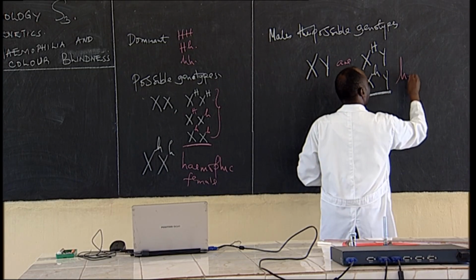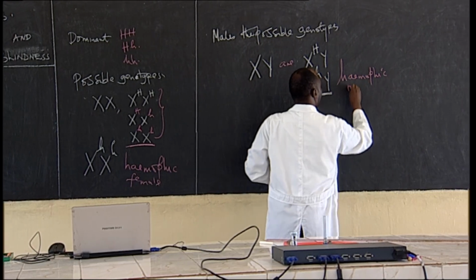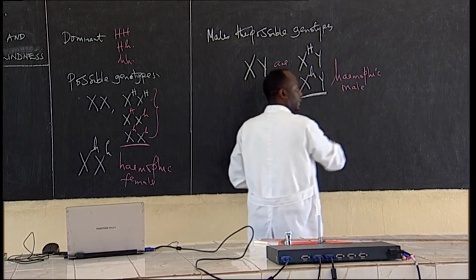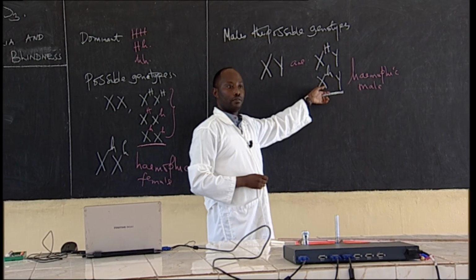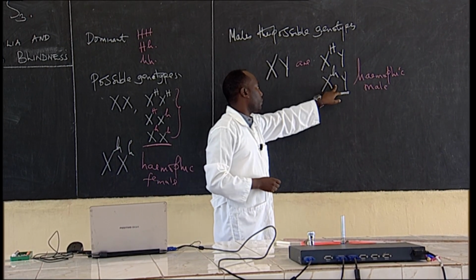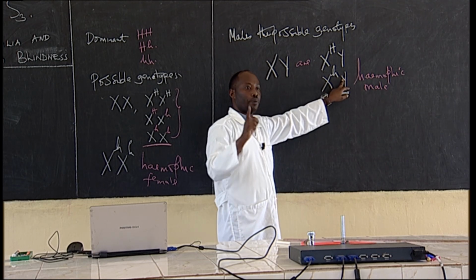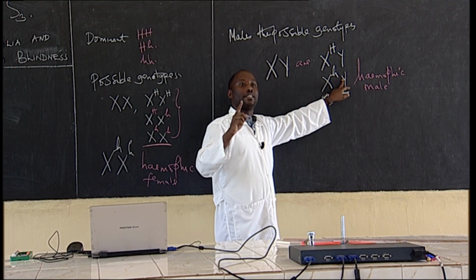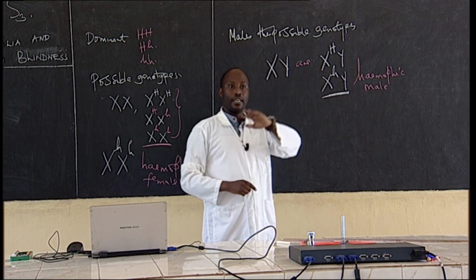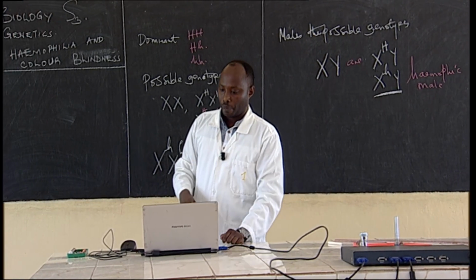If that male gets injured, he can bleed to death. You can ask a question to yourself: I told you Y does not have any superscript because Y, in biology, is genetically empty. It doesn't carry any sex-linked character or traits.